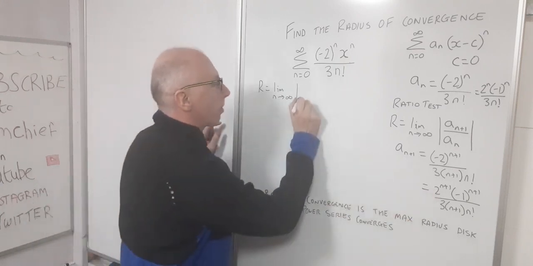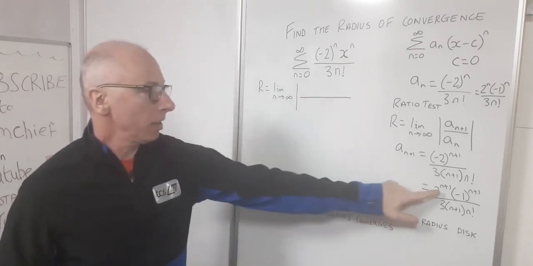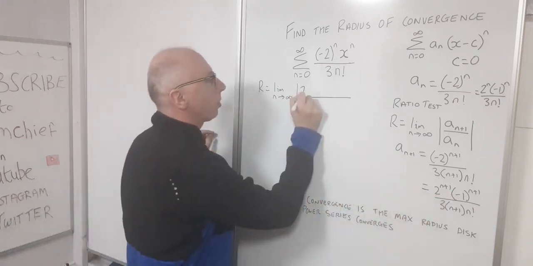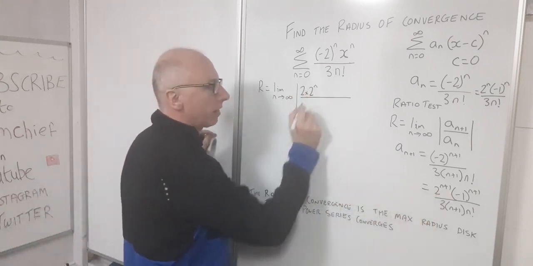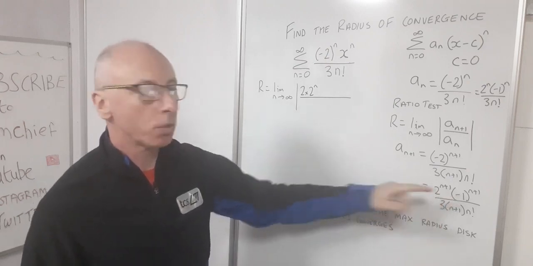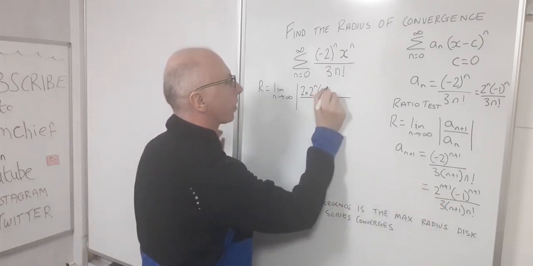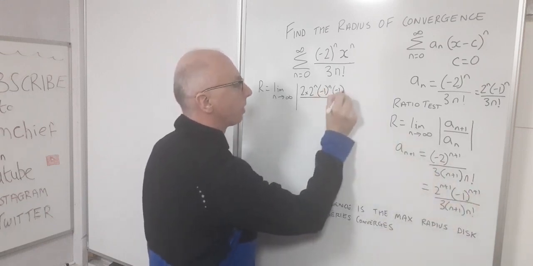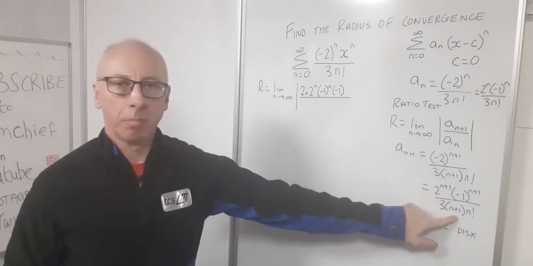So let's set up our fraction. Now this 2 to the n plus 1, I'm going to rewrite that as 2 times 2 to the n. And this one, I'm going to write it as minus 1 to the n multiplied by minus 1 to get our extra 1. And then divide that by this one here.